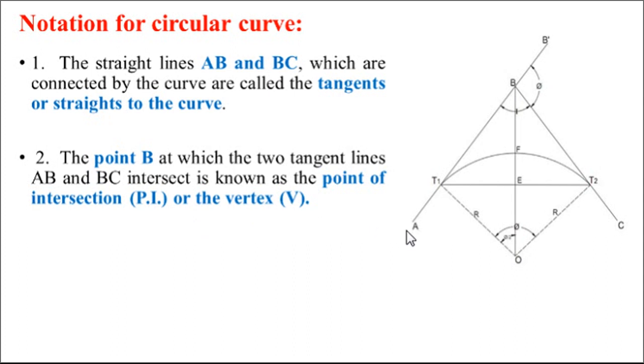This is the first tangent, this is the second tangent, and these two tangents intersect at point B, which is also called V, the vertex point or point of intersection.